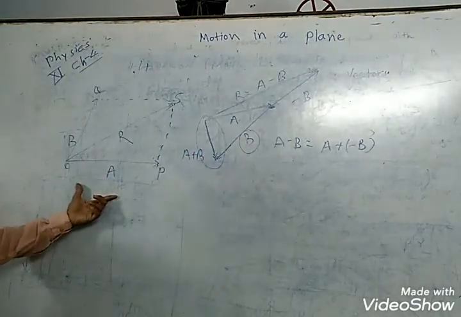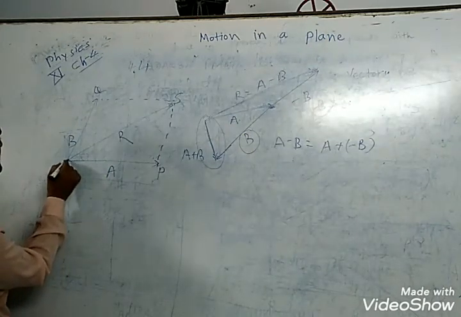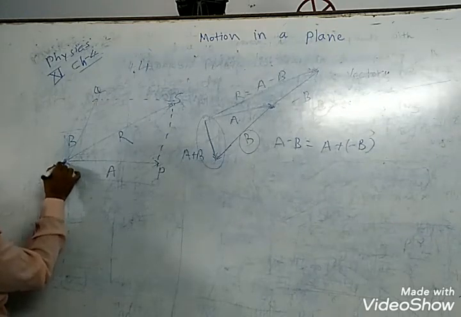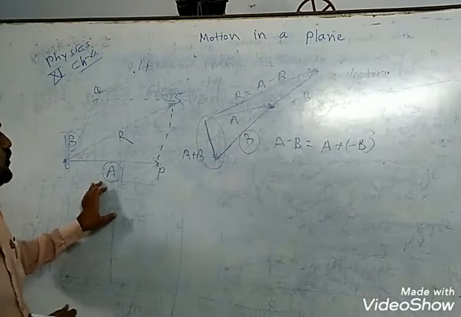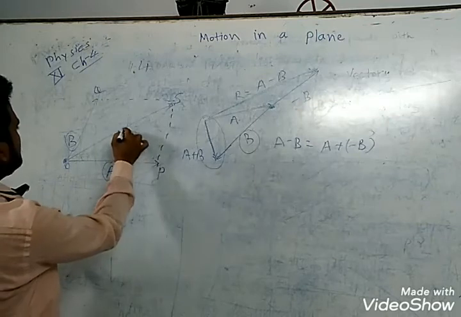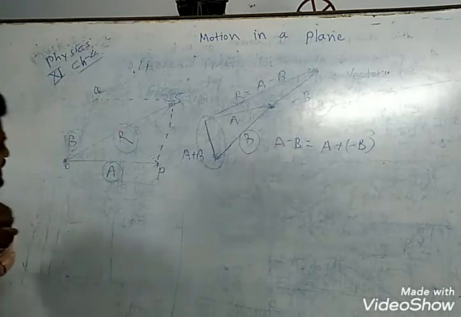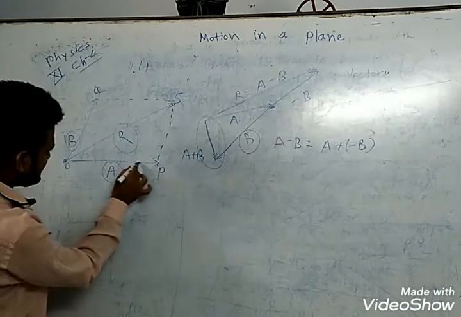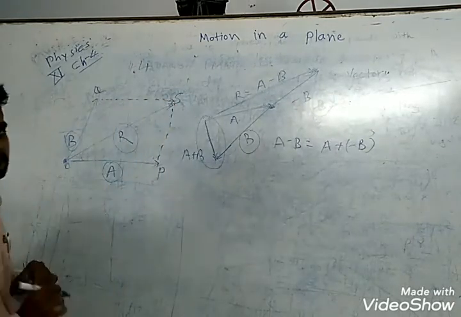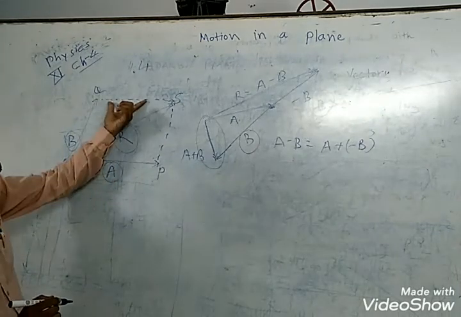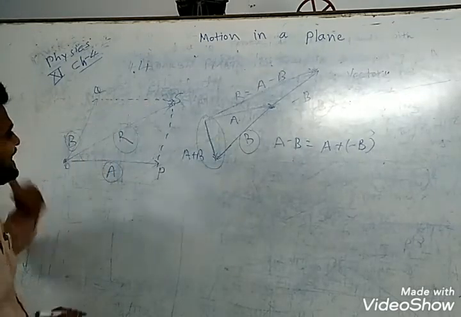Now next, suppose two vectors A and B have the same origin. How do we find the resultant vector R? Since the origin is the same, we draw a dotted line parallel to vector A, meaning the same magnitude and direction.